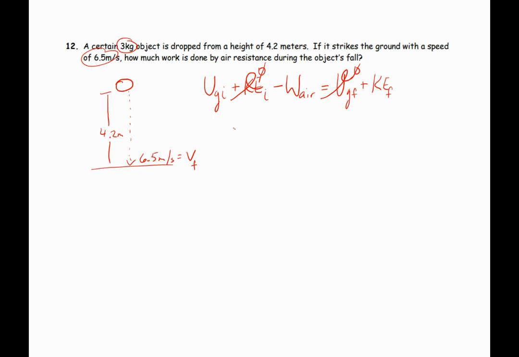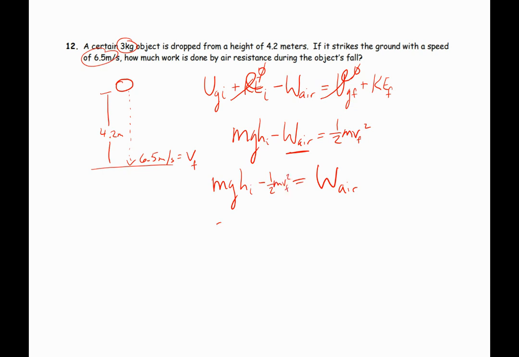So here I end up having mgh initial minus the work done by air is equal to 1/2 mv final squared. So I'm going to rearrange this equation so that I can get the work done by air on its own. So I'm going to bring work done by air over onto the other side, and that's equal to mgh initial minus 1/2 mv final squared.